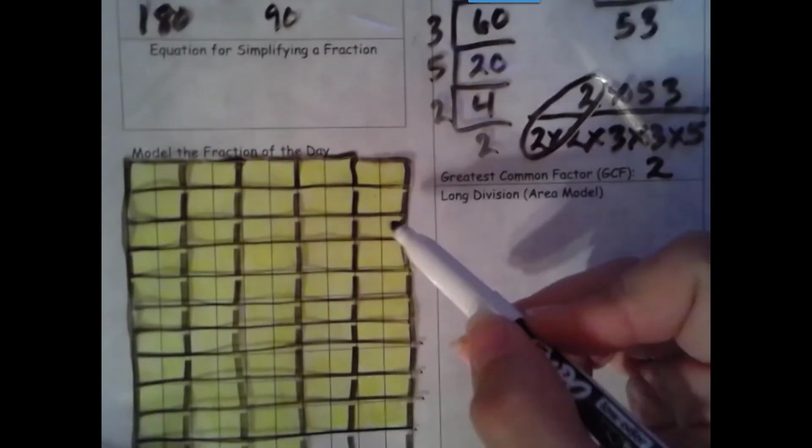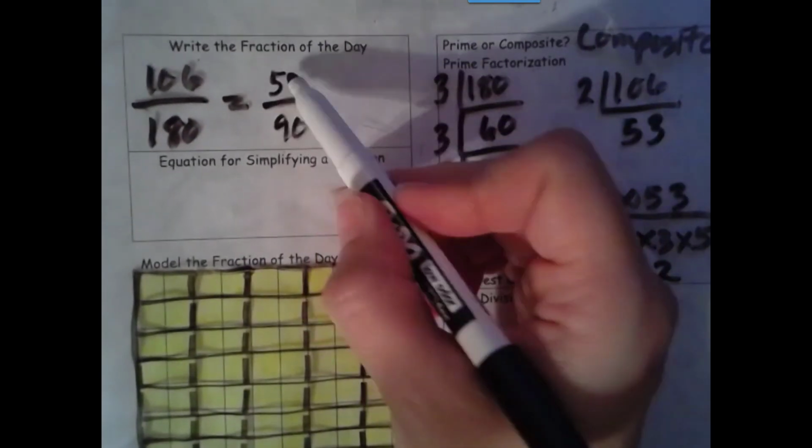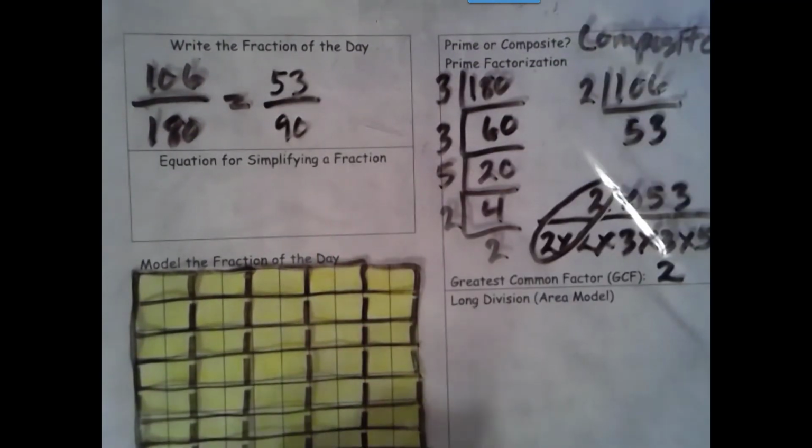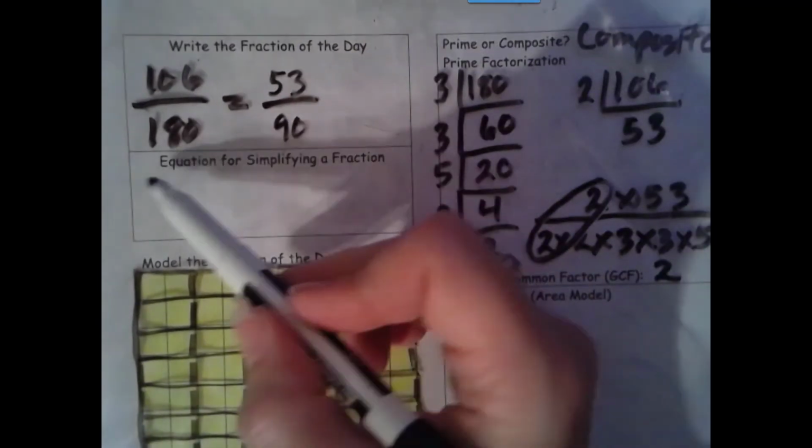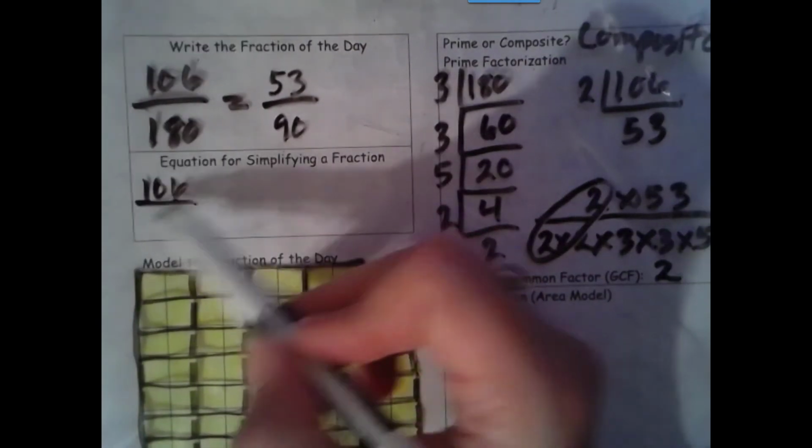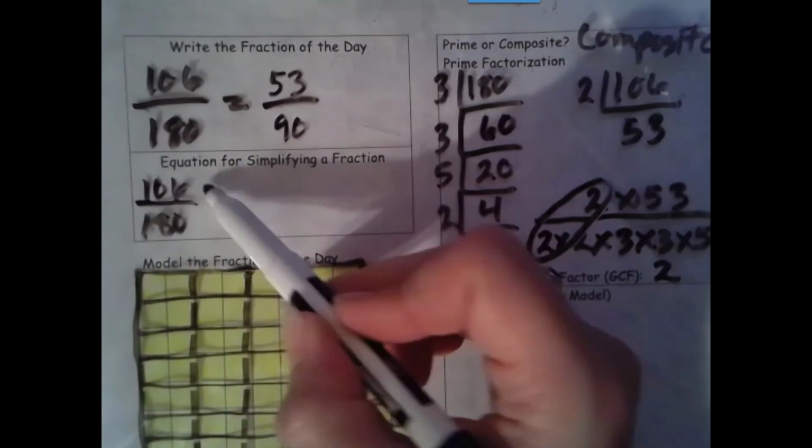And I have 5, 10, 15, 20, 25, 30, 35, 40, 45, 50, 51, 52, 53 shaded in.